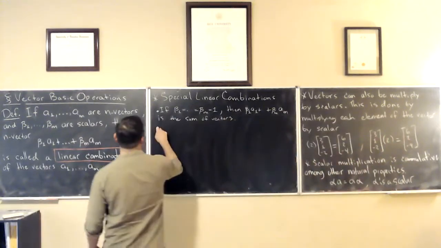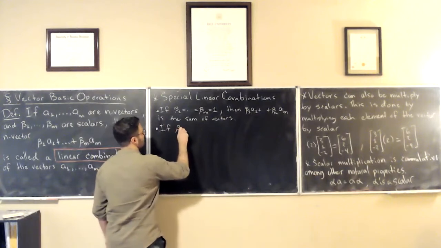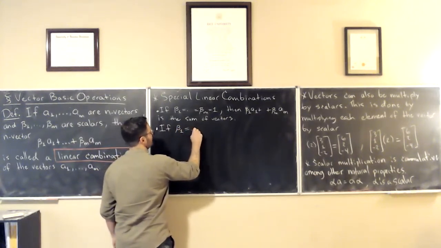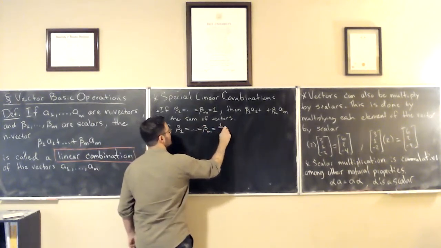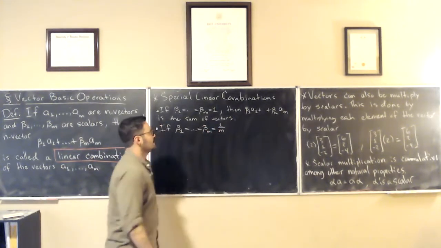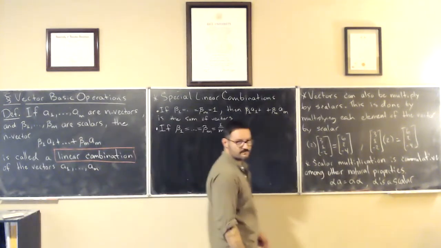If beta 1 equals dot dot dot equals beta M is equal to 1 over M, then this linear combination is going to be the average vector.